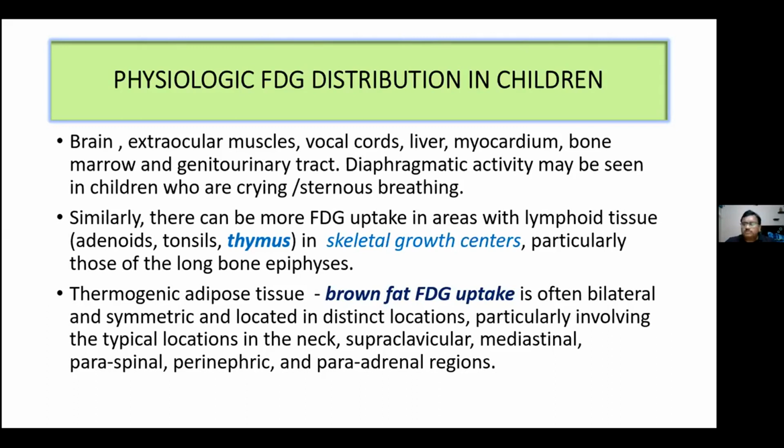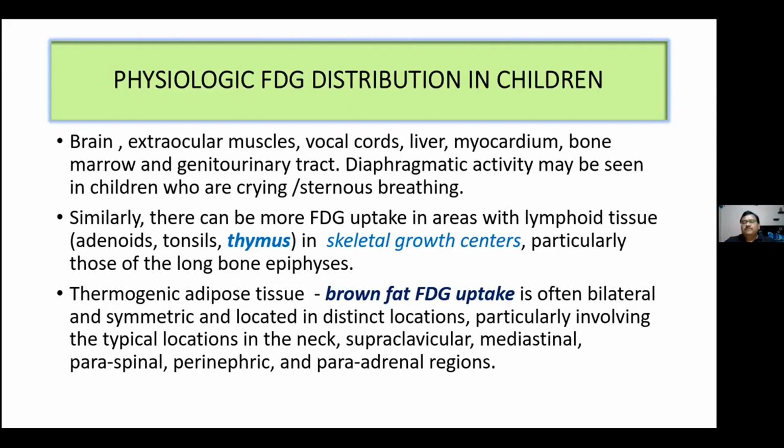There are a number of ways to minimize it, but practically we are not doing any of these. But once we give the injection, we ask the relative to sit there with the child, so the child doesn't move or cry. We also give a warm blanket so that the brown fat uptake is minimized.